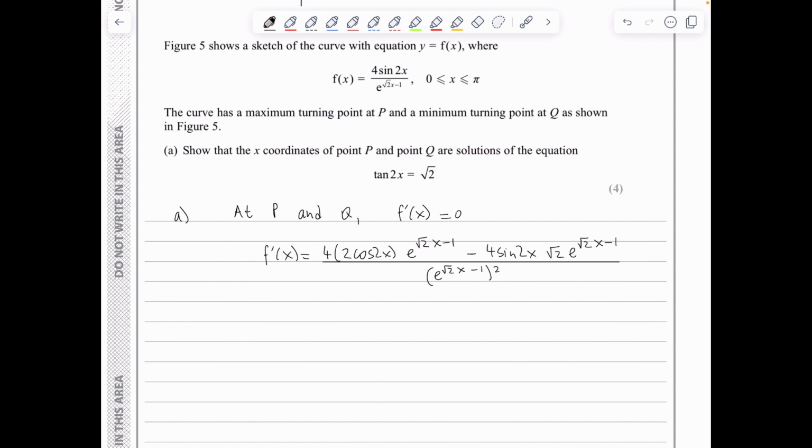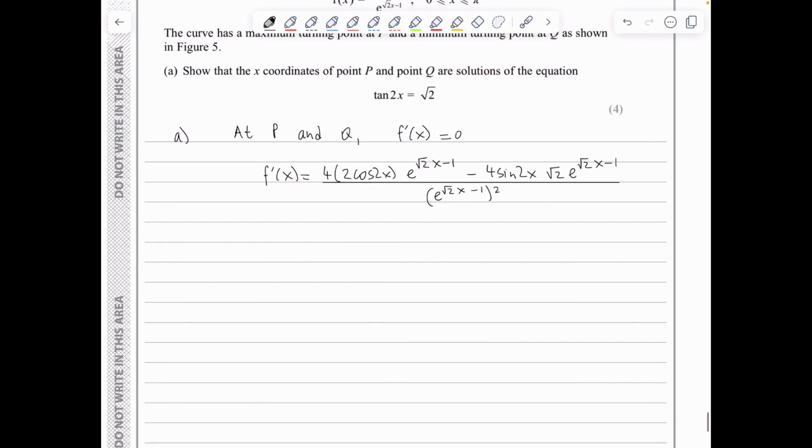Now we notice that in the numerator there's a common factor of 4e to the root 2x minus 1, which leaves us with 2 cos 2x minus root 2 sine 2x, all of it over e to the root 2x minus 1 all squared.